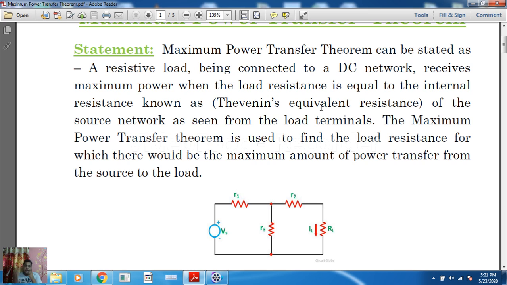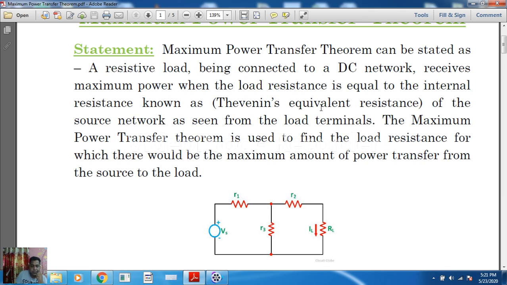So when we did Thevenin's theorem, in step 2 we had to find the equivalent resistance of the circuit. At that time, as I told you 2 minutes before, we remove all the sources.